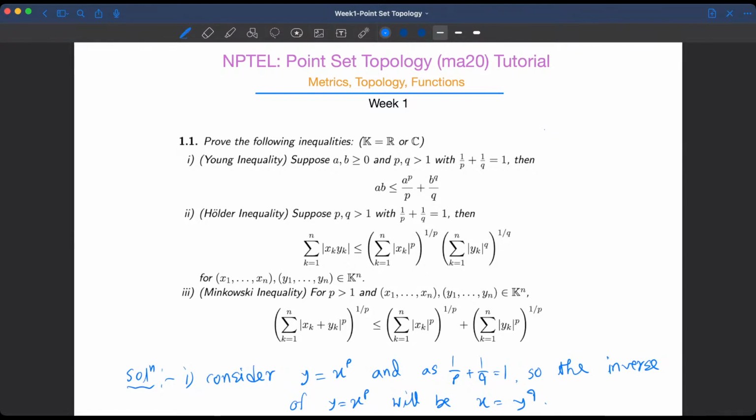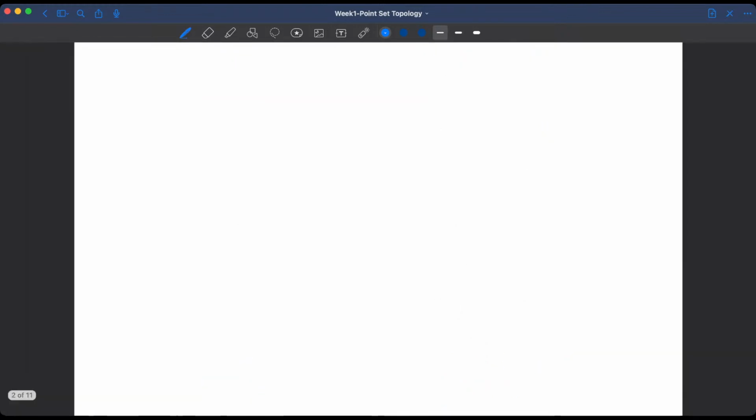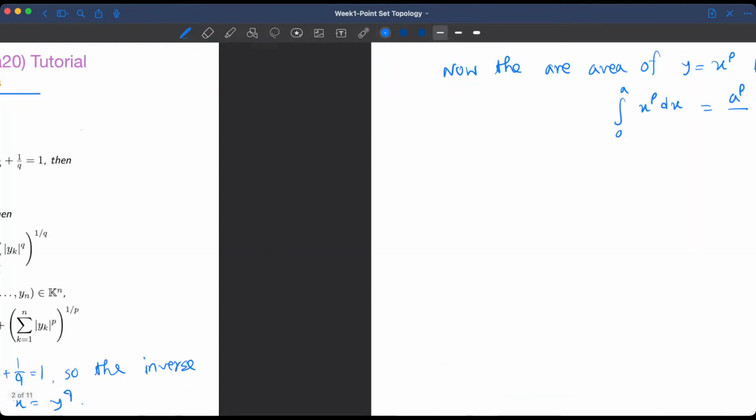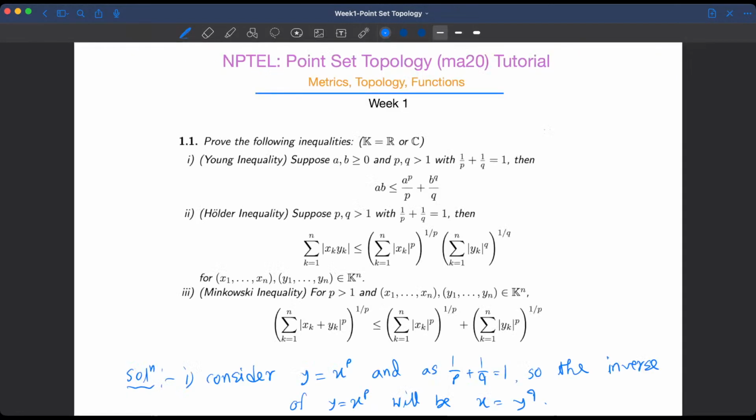Now if I calculate the area under this curve, the area of y equals x^p bounded by x equals 0 to x equals a is the integration from 0 to a of x^p dx, and it is a^p by, so there is some error. I need to take p minus 1, right?